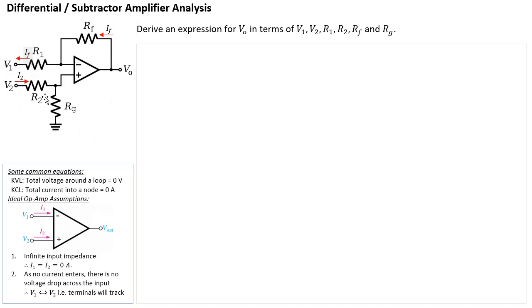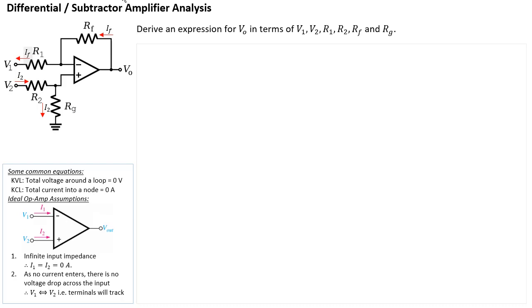But again, there will be no current flowing into the non-inverting terminal, which means all of I2 will then continue to go towards ground through RG. So I2 would flow from V2 to this node, and then all of it would come down through RG.